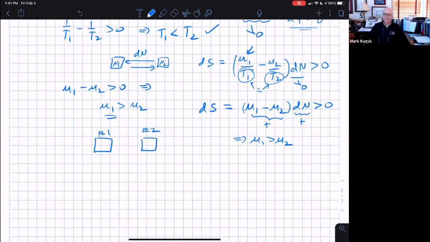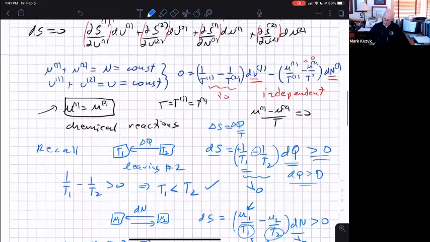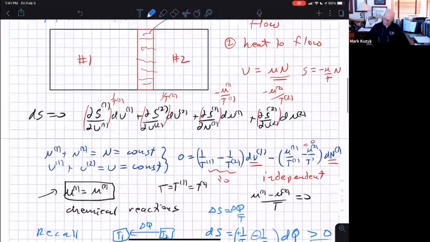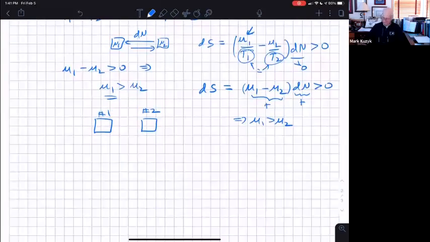I found the problem. The problem is, if you look up here, there's a minus sign in the definition here. So everything I've done here is correct, but the point is that the particles are flowing out of the system with a minus sign. So it's true that the particles have to be flowing in that direction.